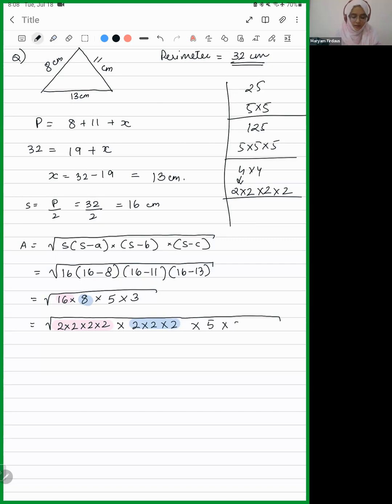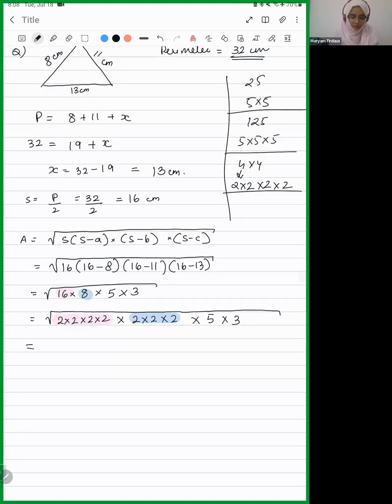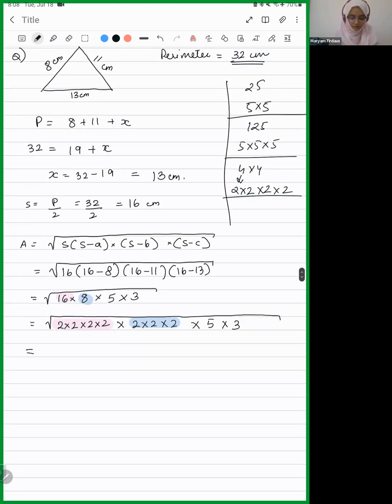So 5 and 3. Now let's pick pairs. We have to pick pairs. This is 1, 2, then 2 into 2, another 2, then 2 into 2, another 2. And then what are we left with inside the root? We are left with 2 into 5 into 3.